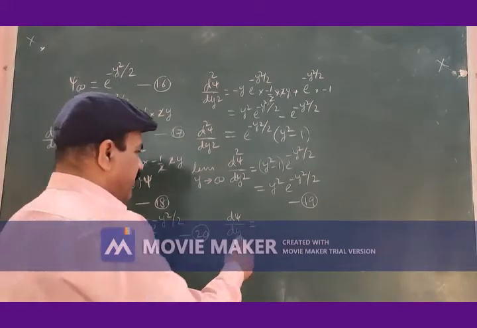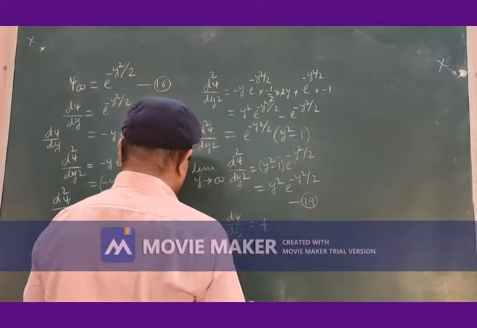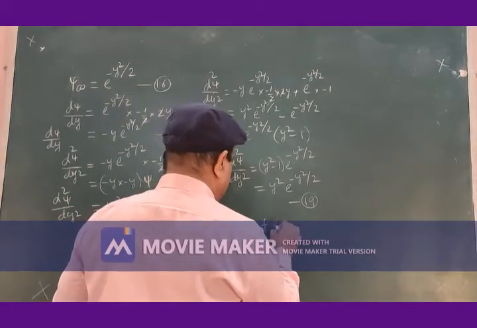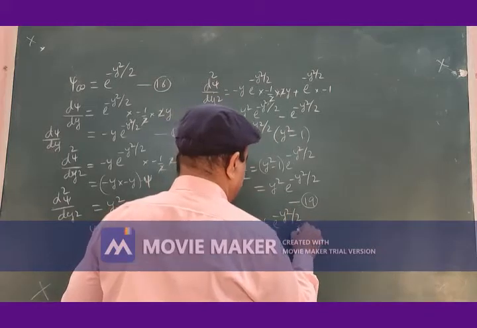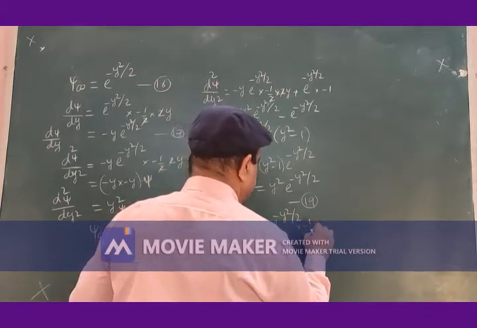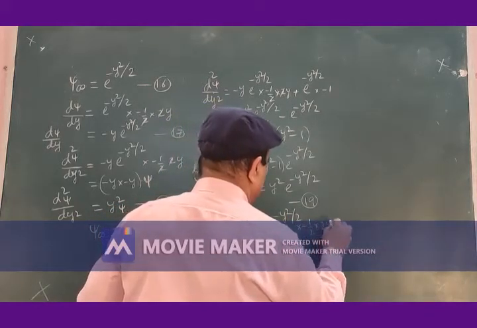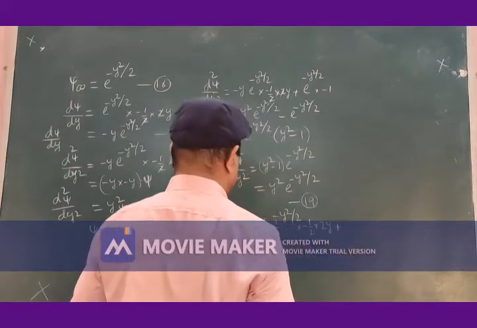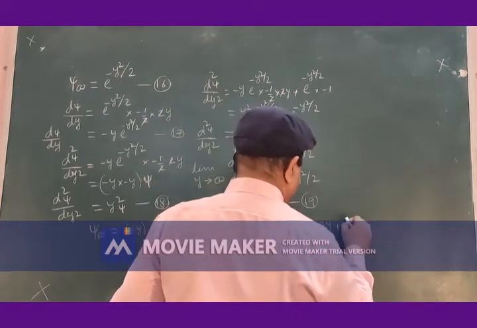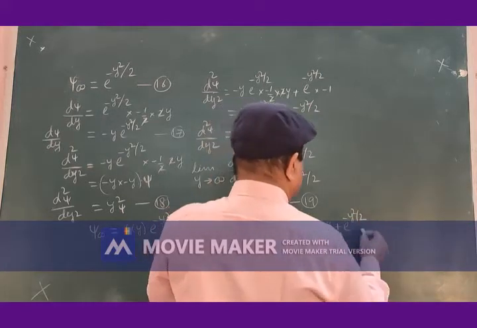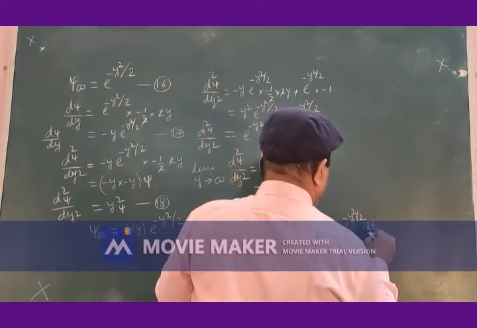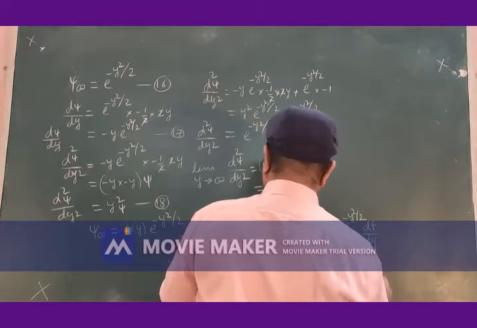So keep f constant, differentiate this: e to the power minus y square divided by 2 into minus 1 by 2 into 2y, plus, keeping e to the power minus y square divided by 2 constant, differentiate f, that will be df by dy.